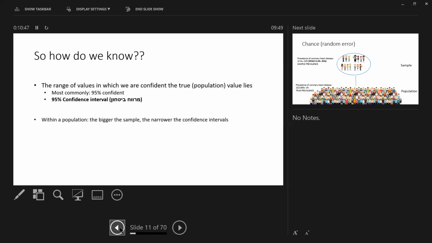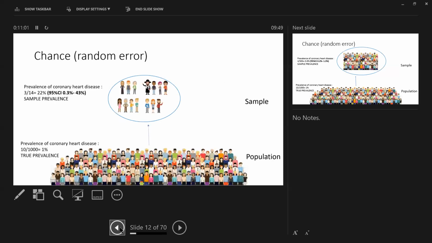But if you extrapolate to a bigger population, you would calculate what is the smallest likely proportion of complications and the highest. So in this case, if we calculated 22%, there's a mathematical formula to calculate the confidence intervals. We don't need to go into it because it's automatically calculated by tons of software solutions.